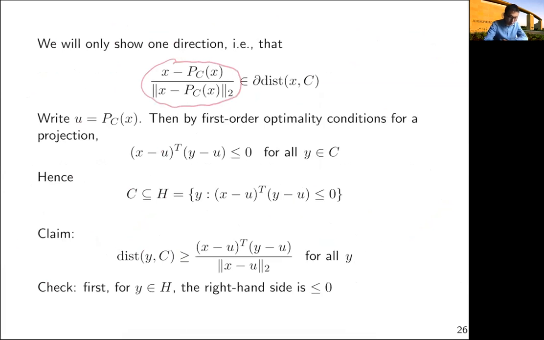Okay, so let's work with this projection notation and define this shorthand using this additional parameter u. By the first order optimality condition, we can write that x and u satisfy this inequality. How do we see that?